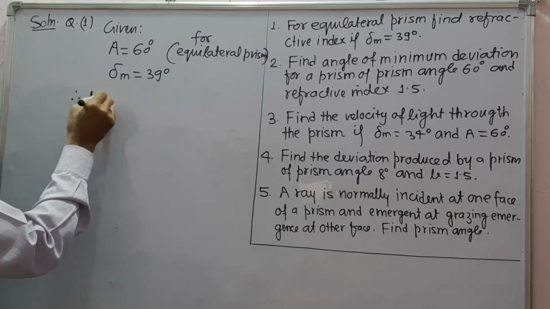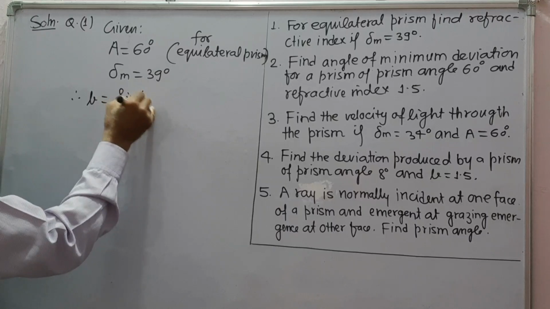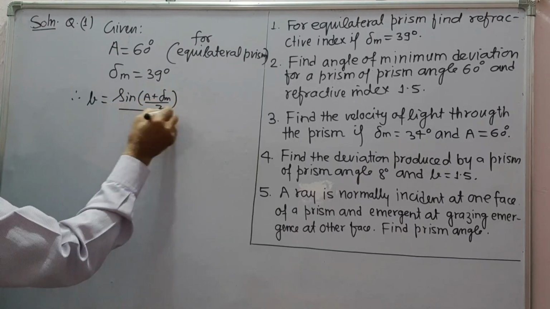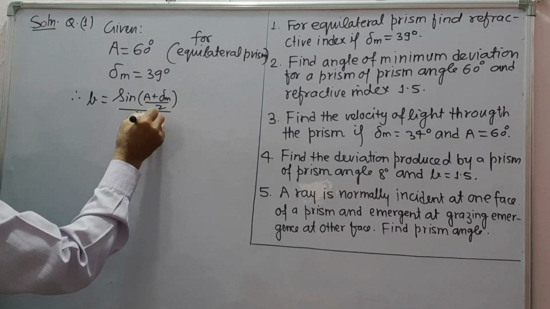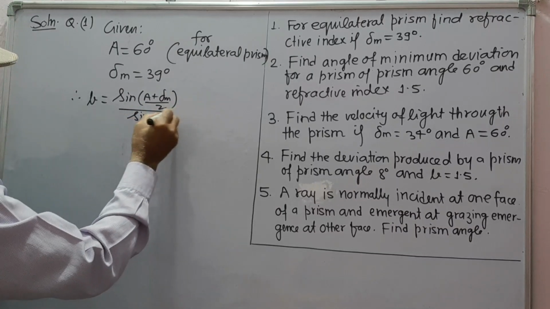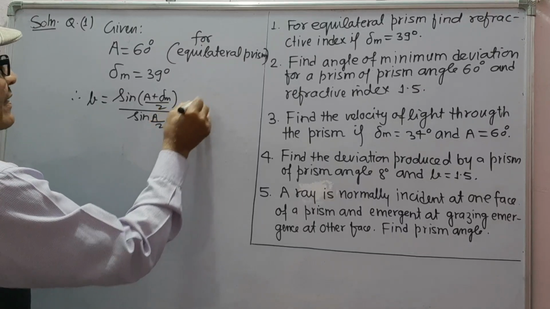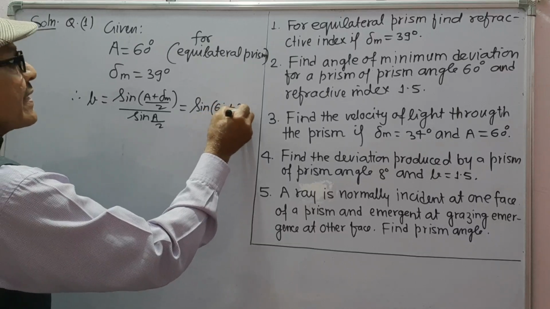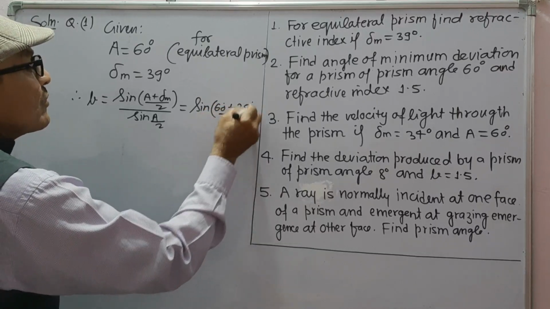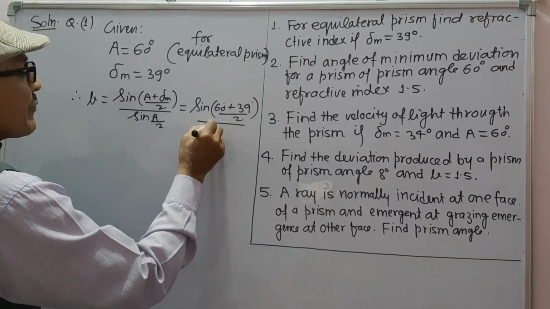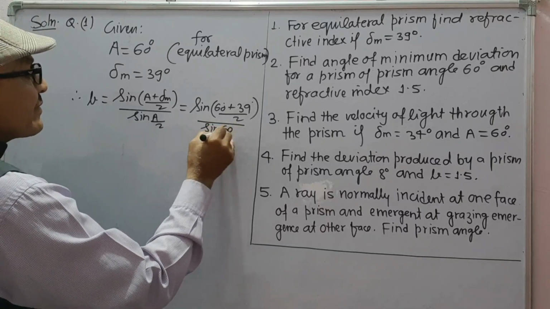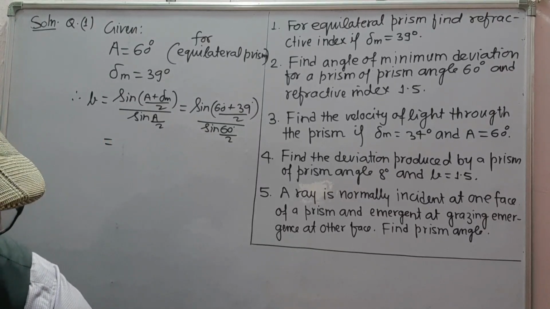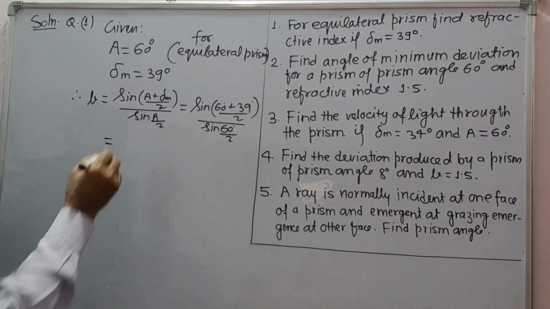Therefore refractive index will be sin (A plus delta m) by 2 upon sin A by 2, which is sin (60 plus 39) by 2 upon sin 60 by 2, which gives refractive index as 1.52.